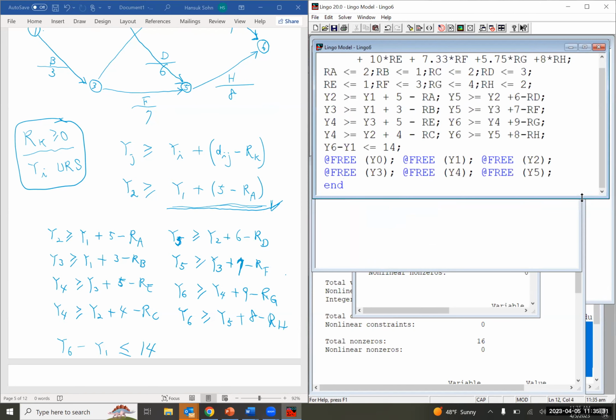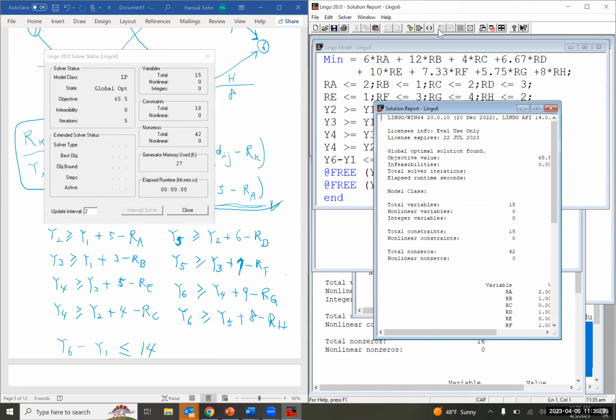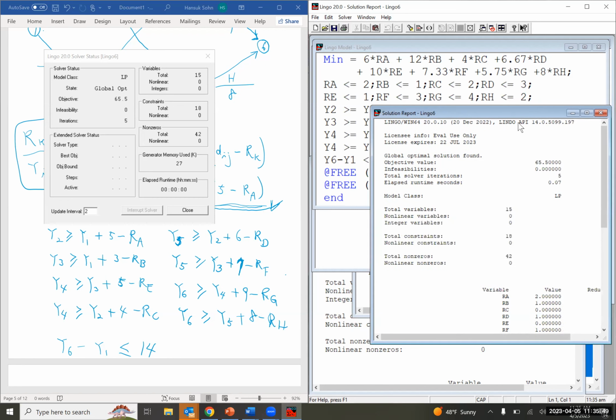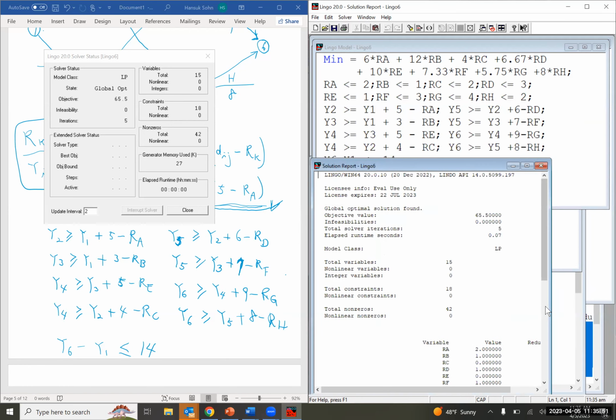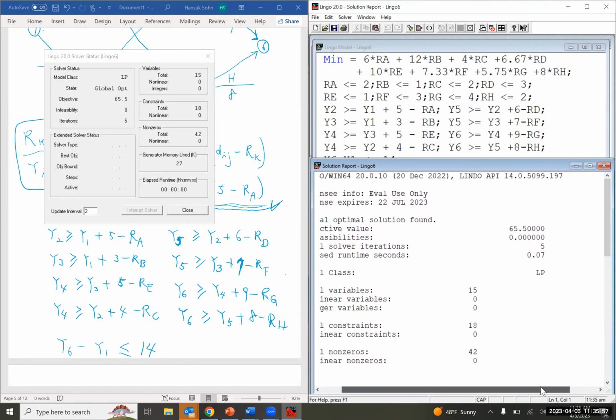Oops. And then I'm going to run it. So it looks like we have an optimal solution right away. Okay.